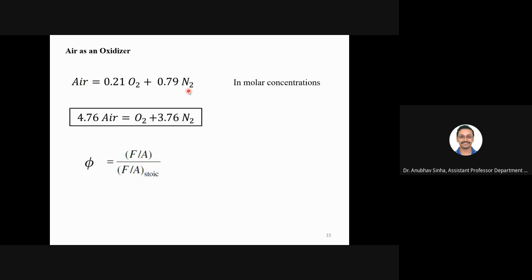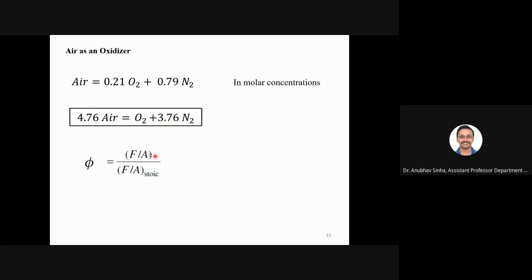In molar concentration, I can divide throughout by 0.21 to make the oxygen number 1. If I divide 1 by 0.21, I get 1, and 0.79 by 0.21 is 3.76 N2. This is the composition of air.